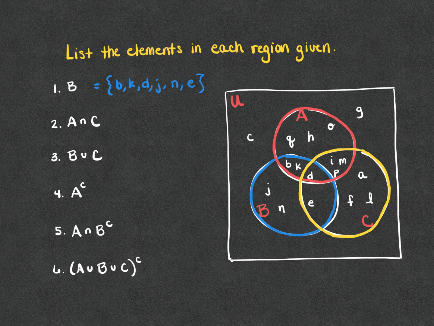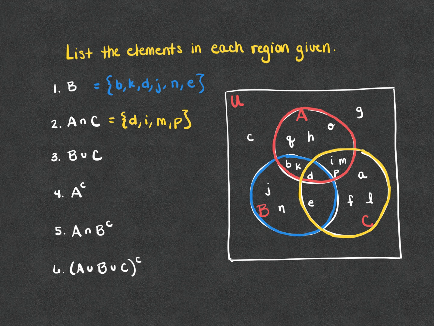So where is the region of overlap? That region is where the red and the yellow cross each other, or this region right in here. So if we're going to list the elements in the intersection of A and C, we will be listing D, I, M, and P.